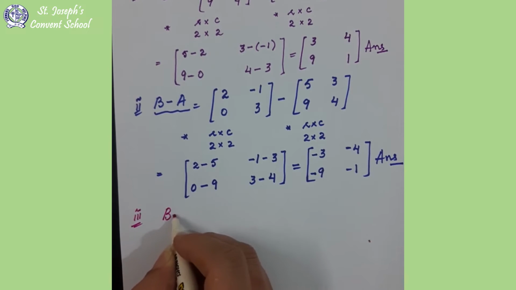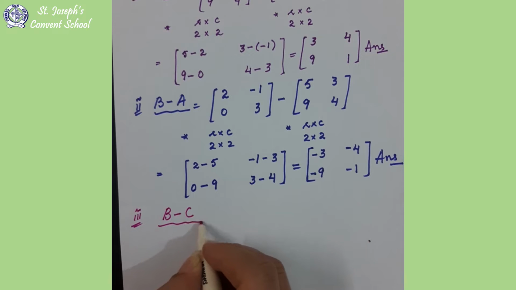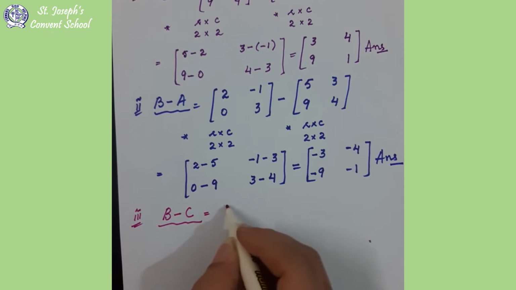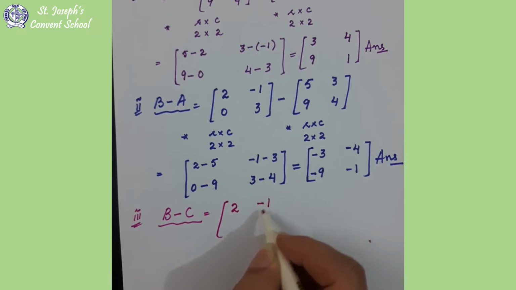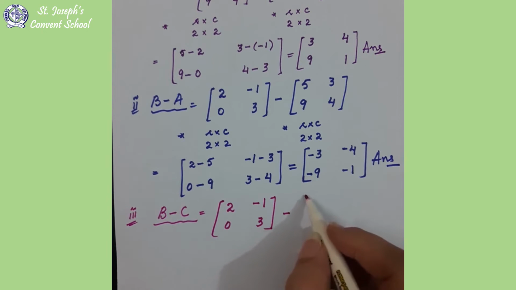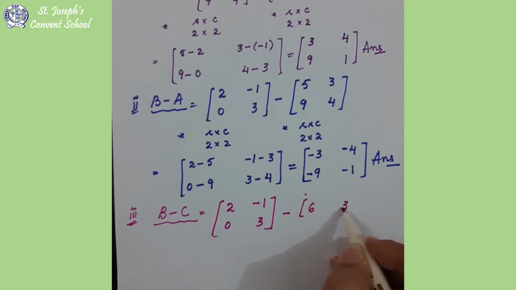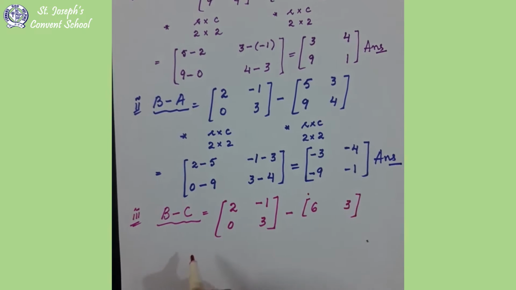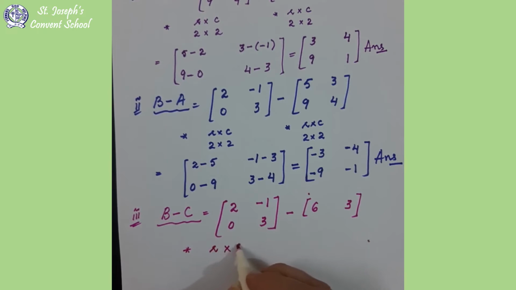B minus C. We'll write matrix B first. Matrix B is 2, minus 1, 0, 3, minus matrix C. Matrix C is 6 and 3. Now we will check the order. Row into column. There are 2 rows and 2 columns, so 2 by 2.